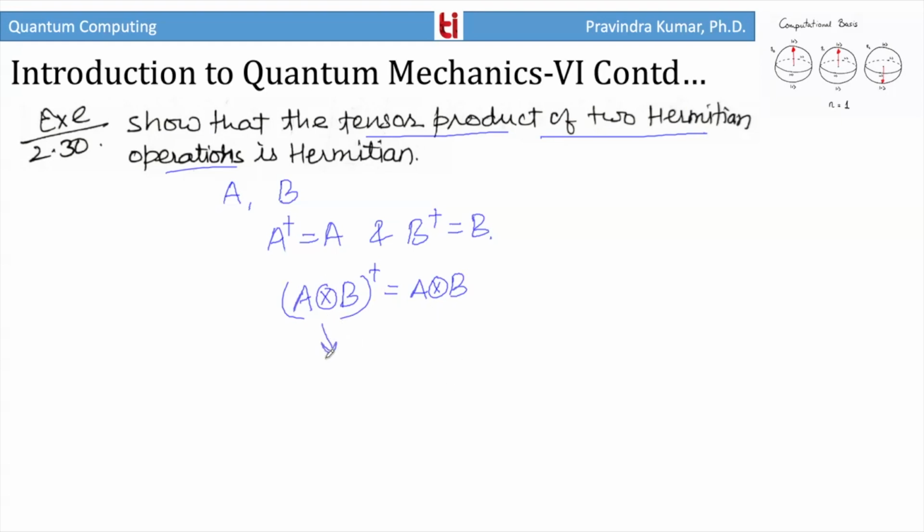So let us check. If I write this, it is A dagger tensor B dagger. And you know A and B are Hermitian, then A dagger can be written as A and B dagger can be written as B. So from here we can say (A tensor B) dagger will be equal to A tensor B. So this is Hermitian. So the tensor product of two Hermitian operators is Hermitian.